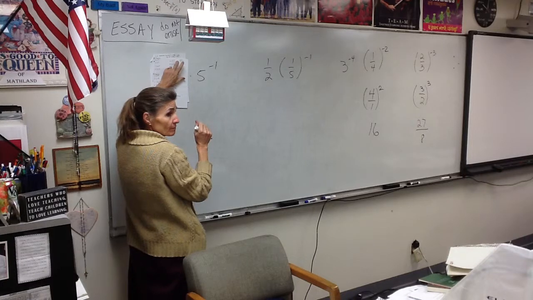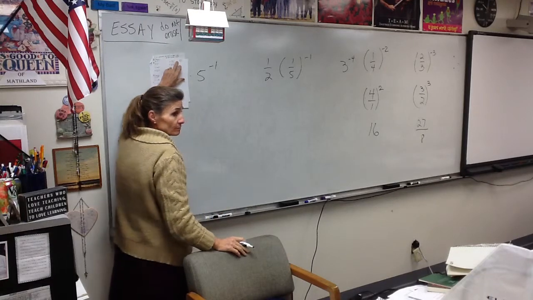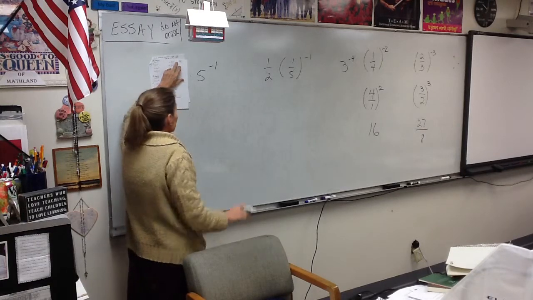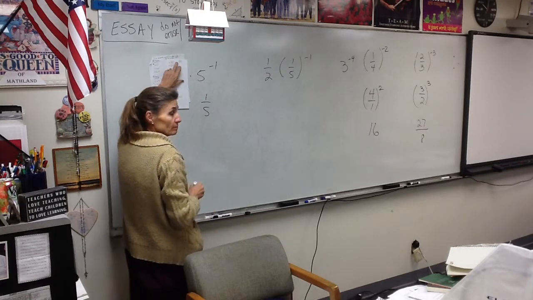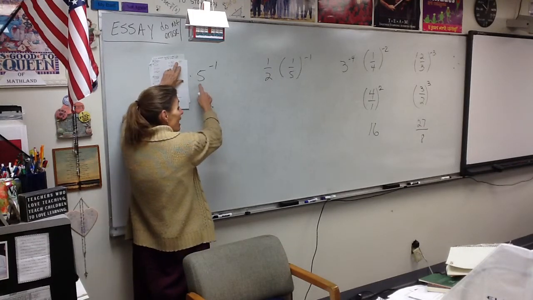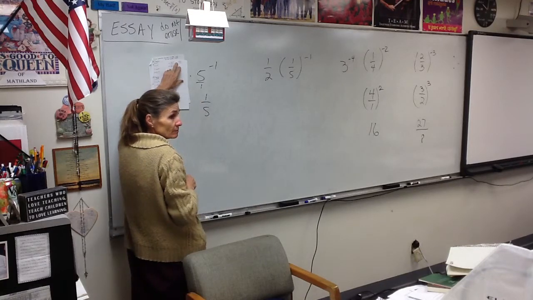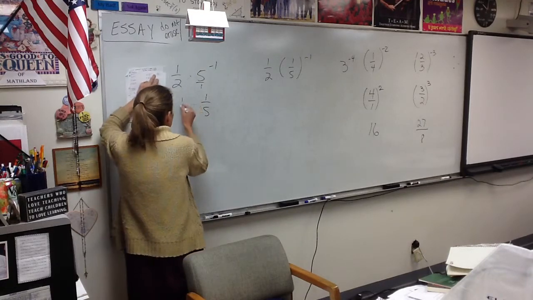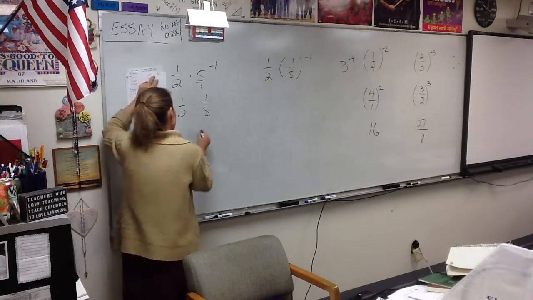Kaylin? This is the guy that has the negative exponent. So I'm going to rewrite him as 1 over 5. Gotta flip it. So instead of 5 over 1, he's 1 over 5, times the 1/2 that was out in front. 1 over 10. 1 over 10 is your answer.